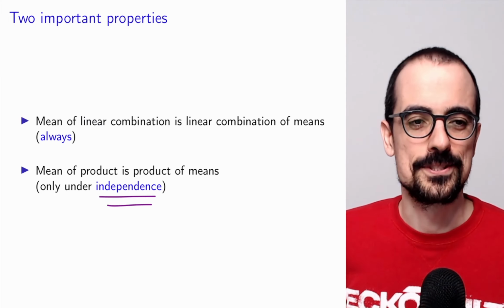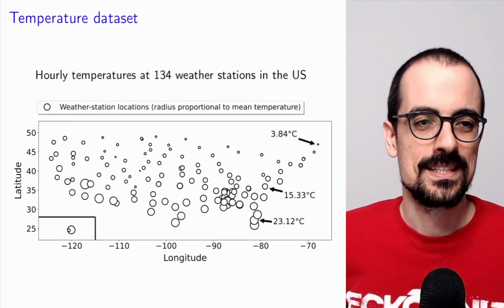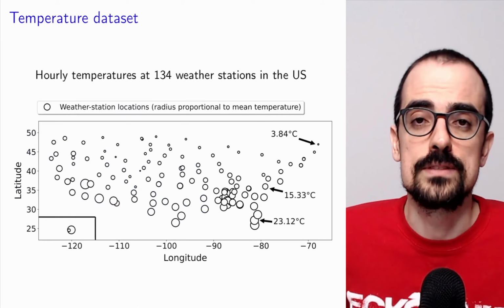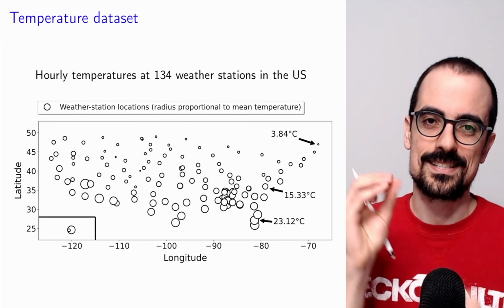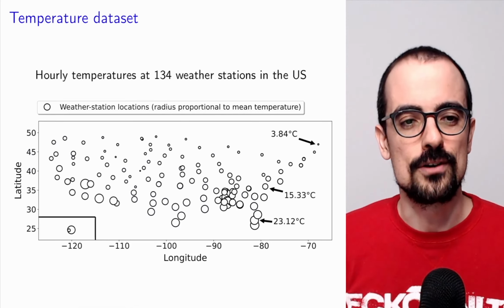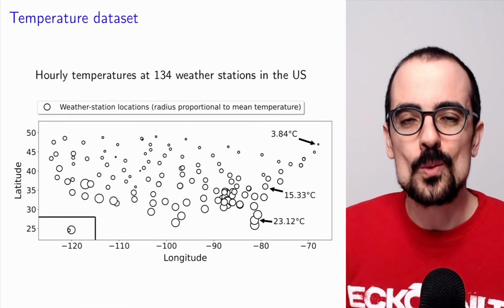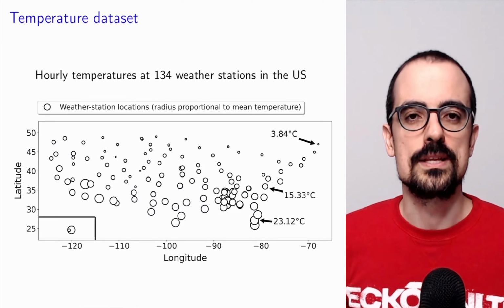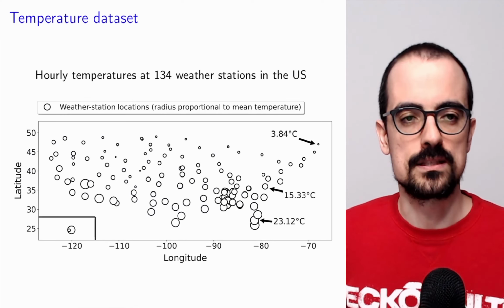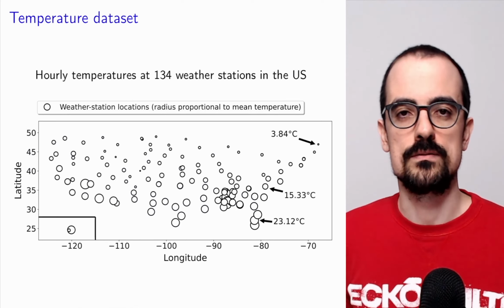Now let's go back for a moment to the temperature data set and look at another limitation of the mean, which is that it is so succinct, it gives us such a short description of each of the random variables that it can obviously miss important differences between them. So these were the mean temperatures of these 134 weather stations in the US.